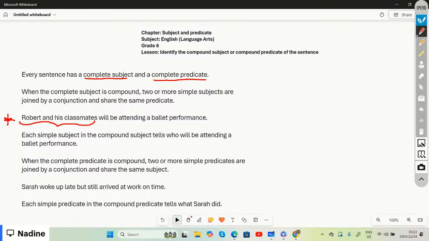All right. And once again, we see that each of the simple subjects, like over here in the compound subject, tells us who will be attending the ballet performance.